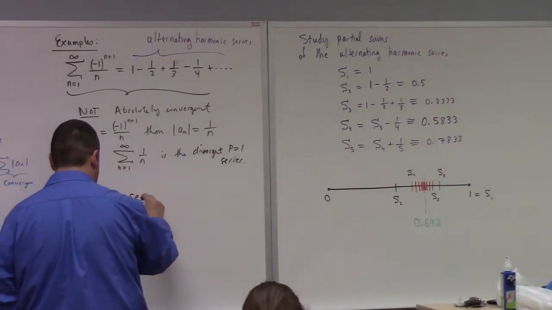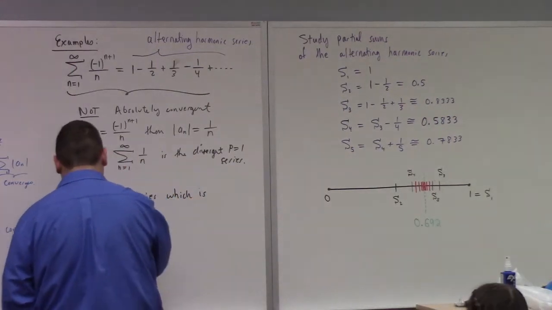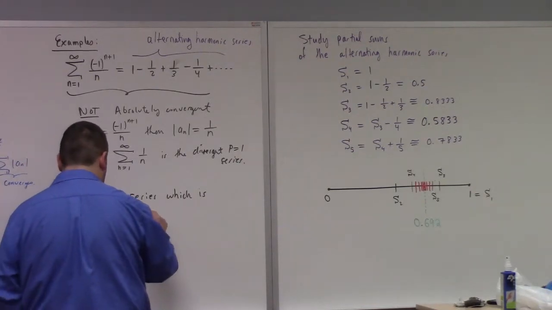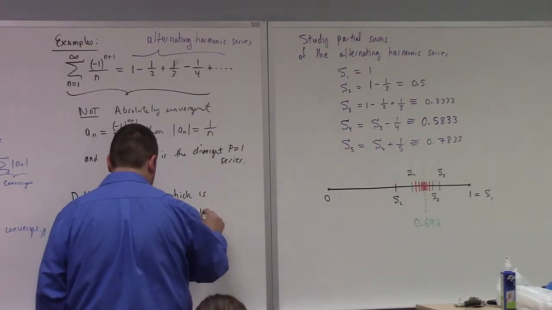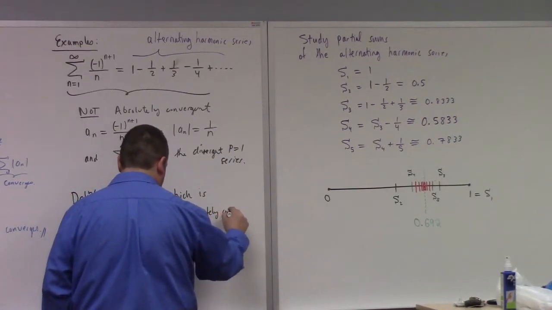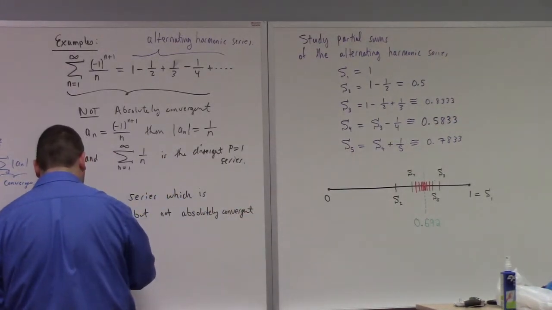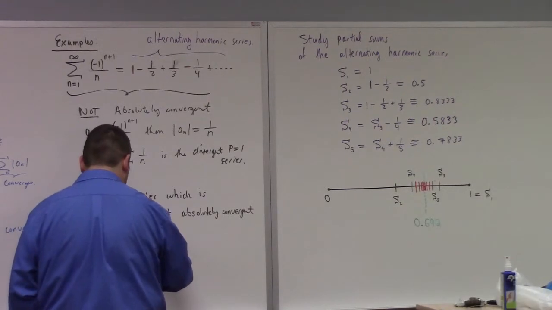A series which is convergent but not absolutely convergent is a conditionally convergent series.